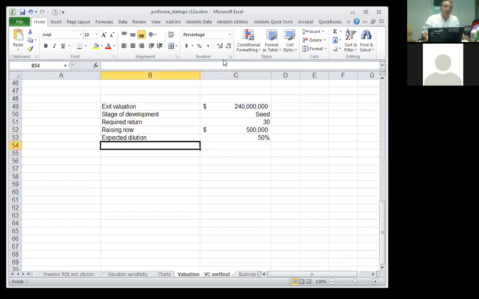Okay, so what is my required amount at exit?